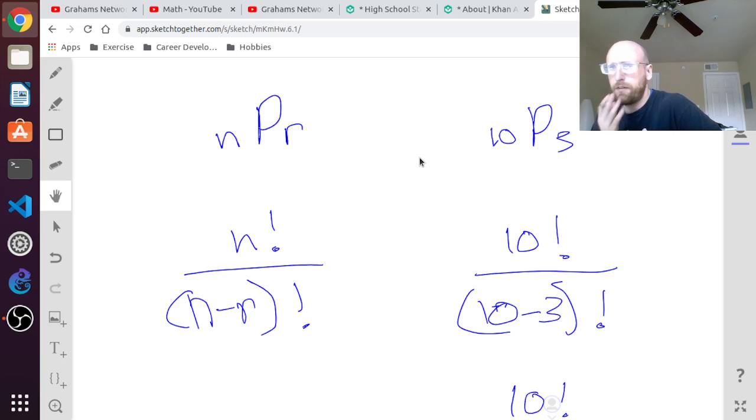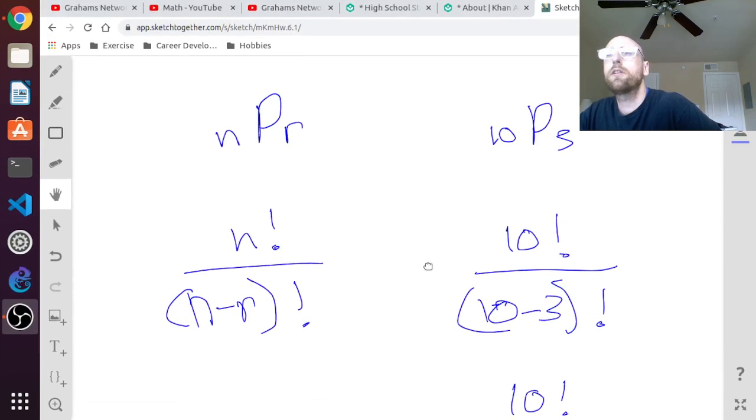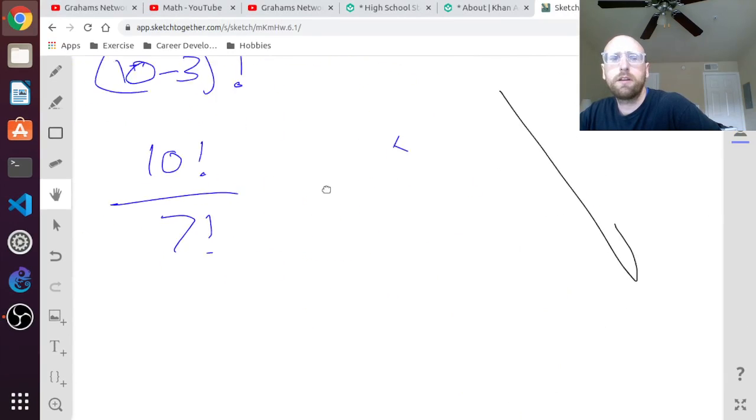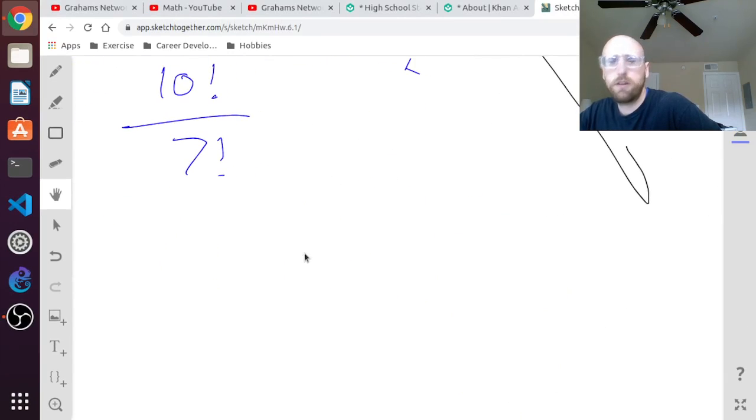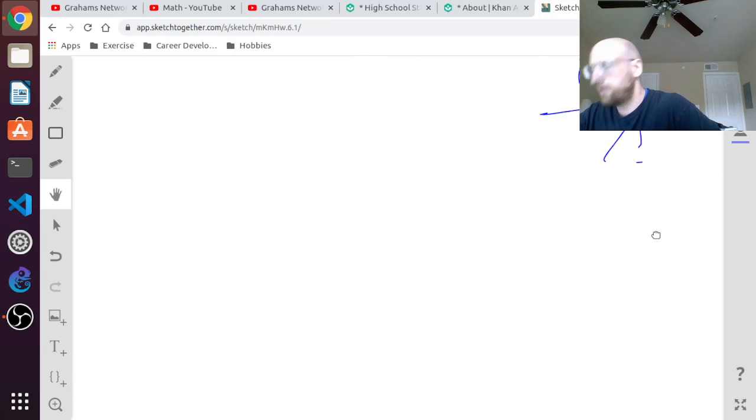So now I can use a calculator for this, but since I'm already using my sketch pad here, I'll just continue doing that. So hopefully this is visible. Yep, that's visible.